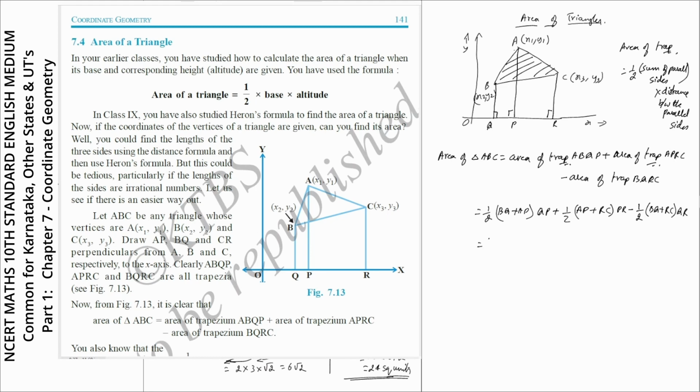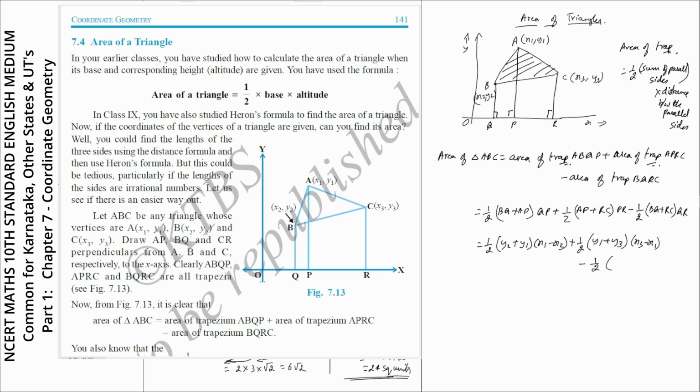Okay. Now here this is equal to half. Now BQ plus AP is equal to y2 plus y1, and QP is nothing but x1 minus x2, plus half. Now what is AP? AP is nothing but y1, plus y3, and PR is nothing but x3 minus x1, minus half of, now BQ plus RC.